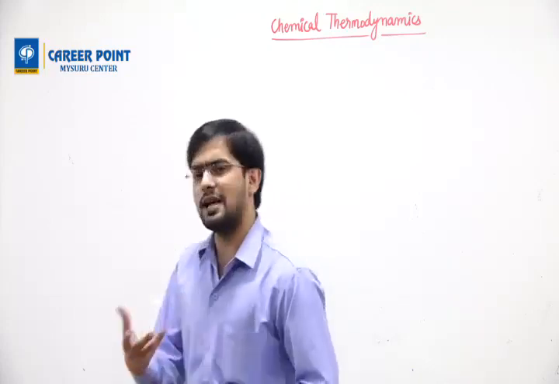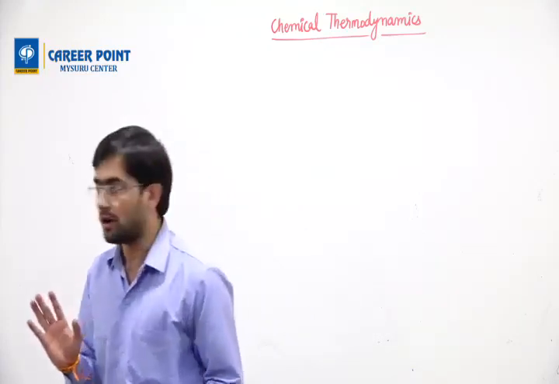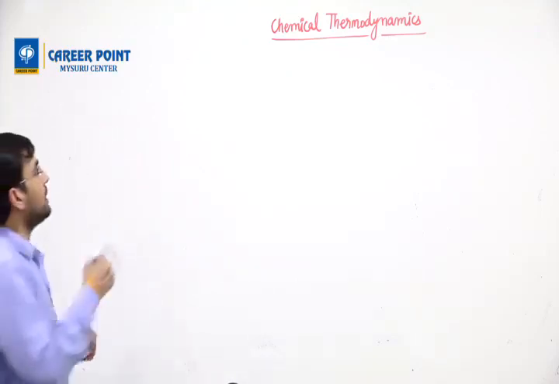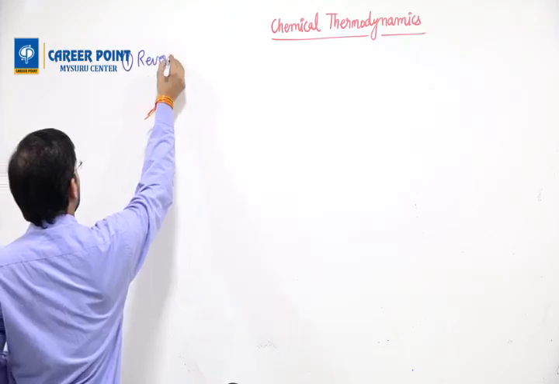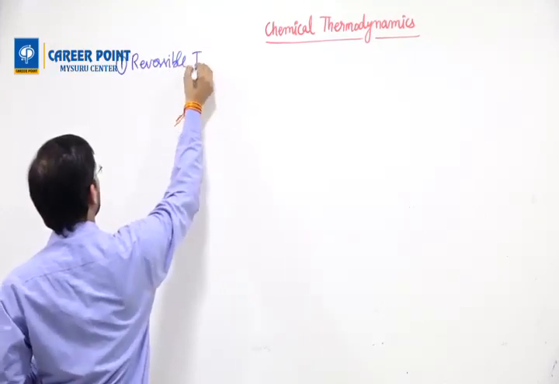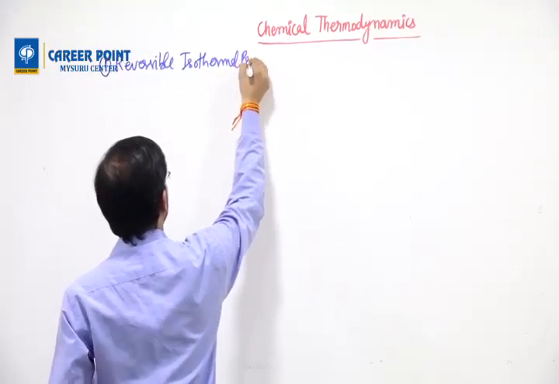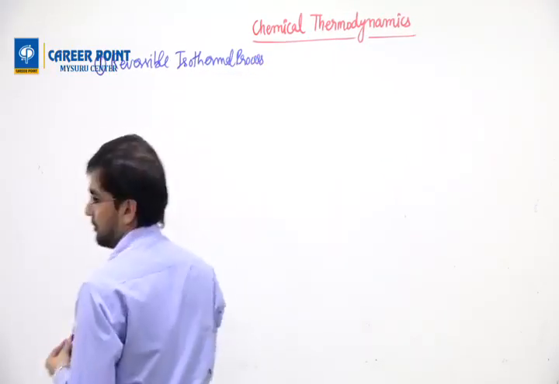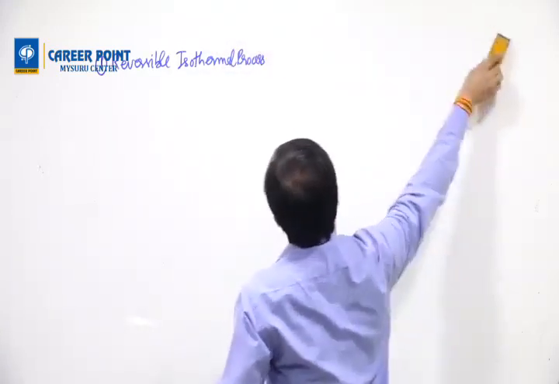There are types of process. In those processes they will ask you to find these out. The first process is known as reversible isothermal process.